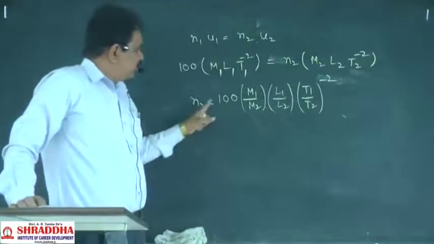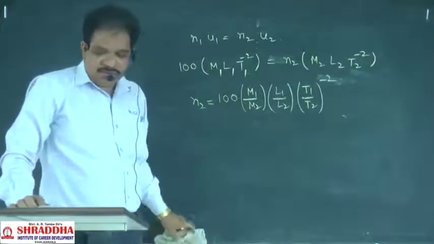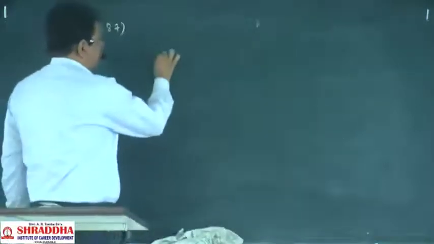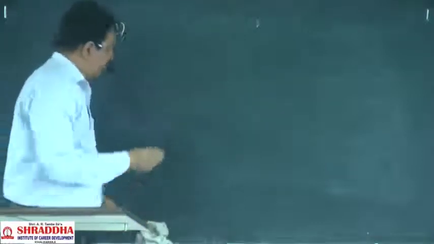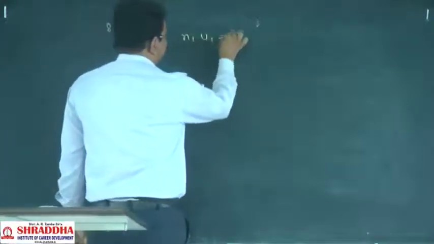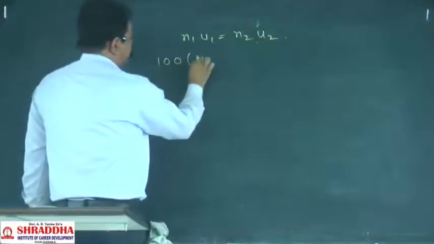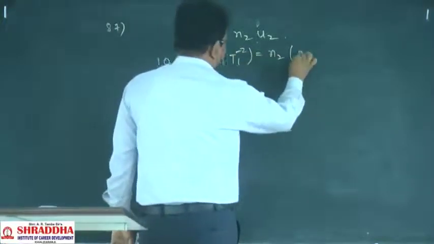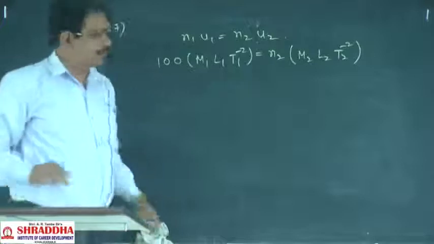N2 is equal to 100. M1 new unit, if you write, we'll do like this one. F dash, same only we are doing that. N1 U1 is equal to N2 U2. This is 100 N1 L1 T1 power minus 2. This is N2 M2 L2 T2 power minus 2.